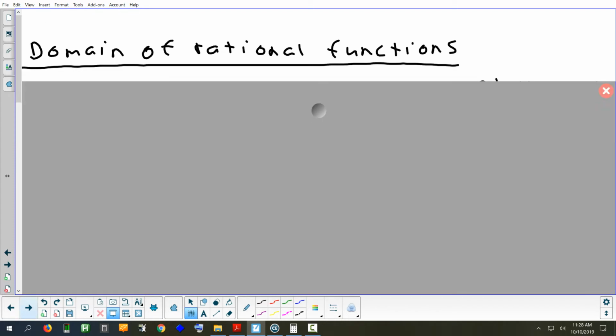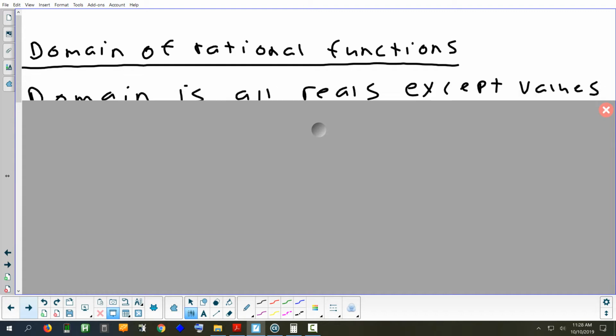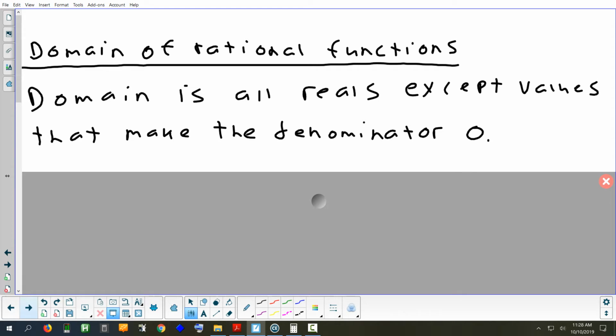So, the domain of rational functions. Now we have a fraction. What are you not allowed, I kind of already asked this a different way, but what are you not allowed to do? You can't divide by 0. So the domain is every real value, all reals, except any values that would make the bottom 0.